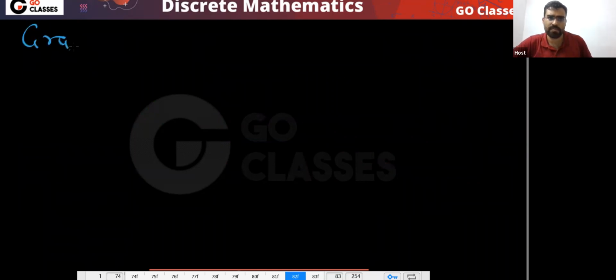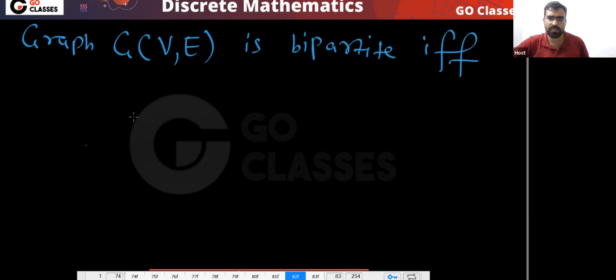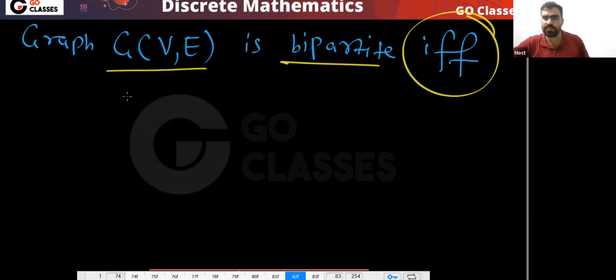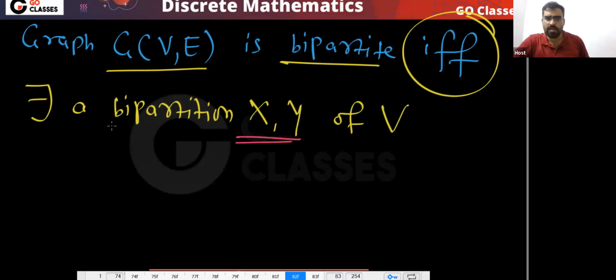If you have a graph G with vertices and edges, it is bipartite if and only if there exists a bipartition of V, there exists a bipartition x comma y of V.